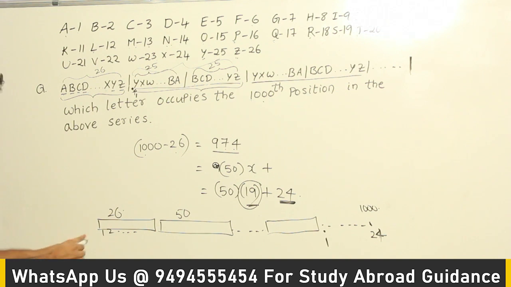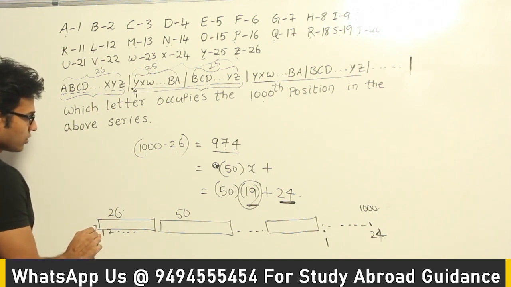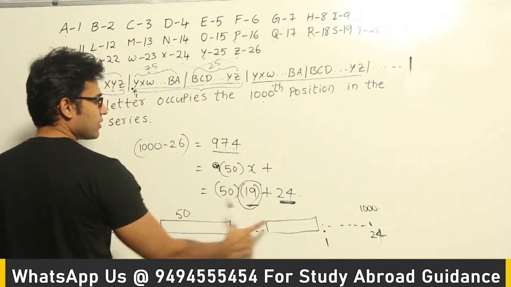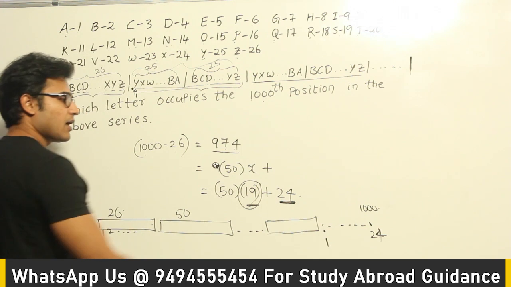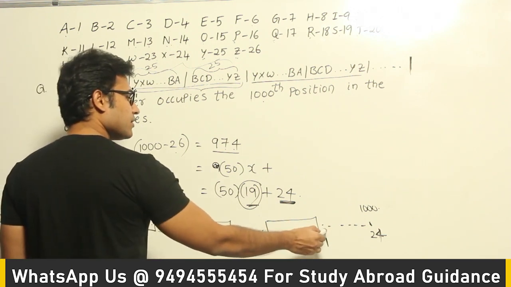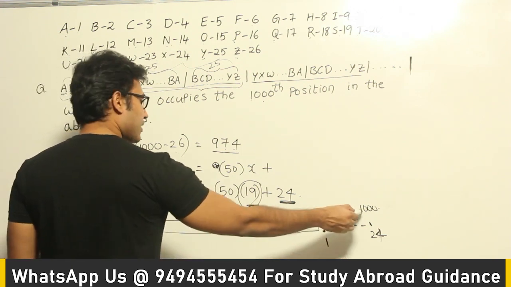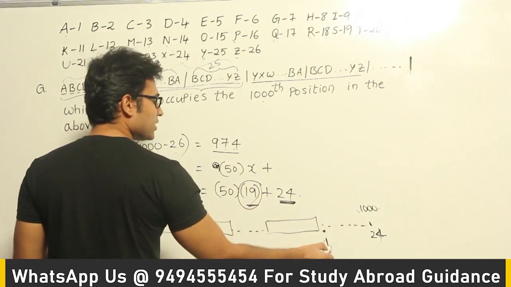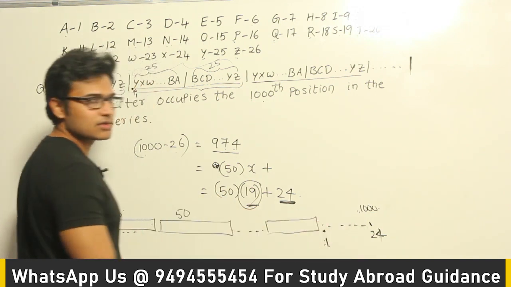So what I mean to say is, if you had started counting from the beginning, and counted the first 26 and then 19 times these 50 letters, and ended it here, then our 1000th letter from the beginning will be the 24th letter from the next block, in the next 50 block.